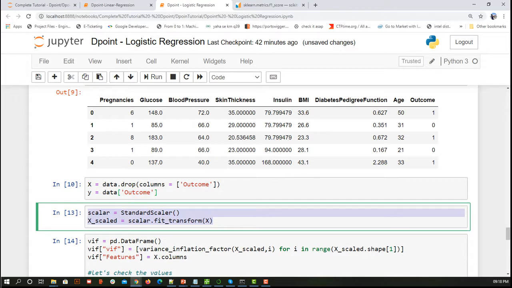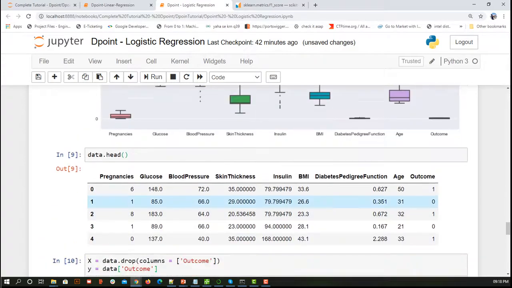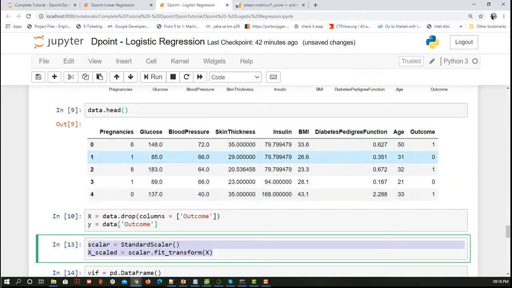But if you have seen the concept of normalization, here pregnancy is in a single digit, glucose is in a triple digit, blood pressure is in a double digit on the scale of 40 to 70, and skin thickness is on the scale of 23 to 35. So I can see each category lies on a different scale.